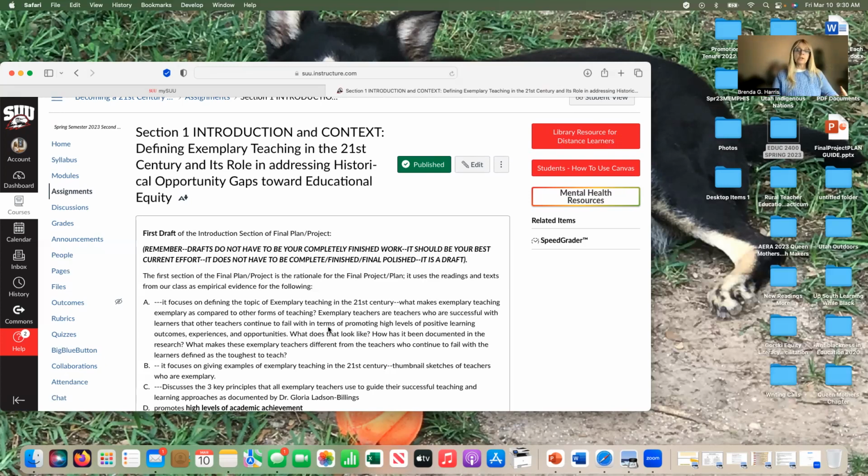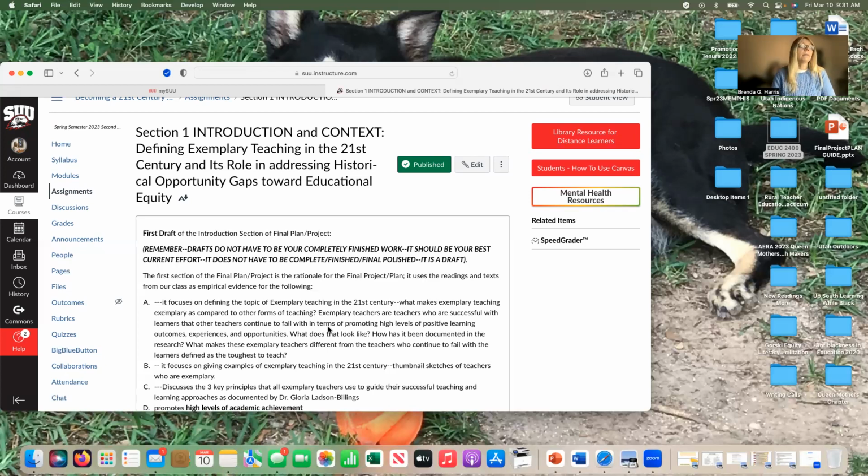Teaching is an expression of yourself, but they do have and share three main principles, and Dr. Ladson-Billings spells those out. That's what makes these exemplary teachers different than the non-exemplary, because the three are there. Sometimes other teachers might have one or two, but you need the three. We'll talk more about that.